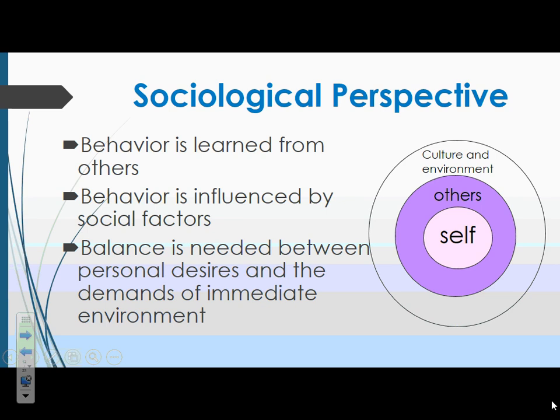So to understand the idea of sociological perspective, you have to understand that scientists, again, remember this is a science. Scientists are looking at this in a scientific and systematic way. They're not just looking and observing, but they are using scientific methods to try to understand what's going on.